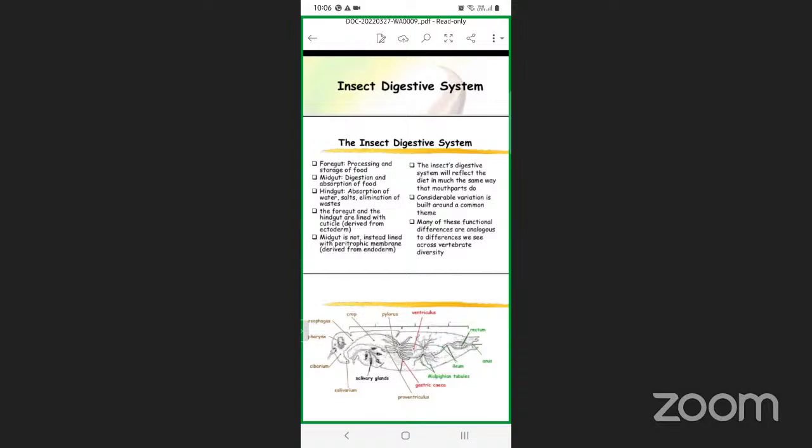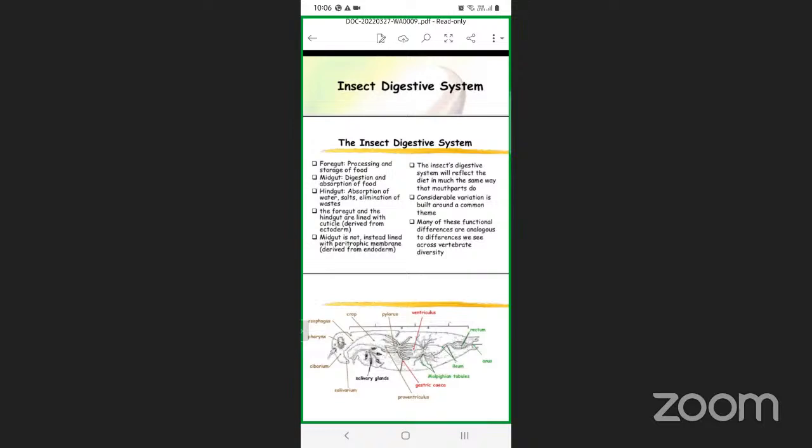Whatever water content is present in the seed is what is utilized, and the insect also has reabsorption capacity from the rectal papillae present in the anus. We give importance to this as the main content of the system.